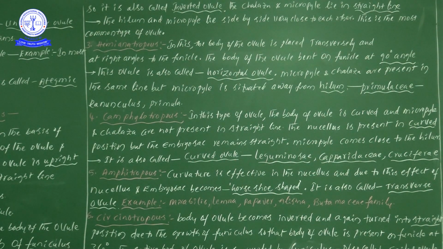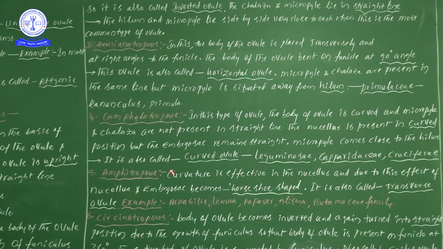Curved ovule is another name of amphitropous. This type of ovule we can see in Leguminosae, Capparidaceae and Cruciferaceae. In all these members we can see the presence of amphitropous ovules.